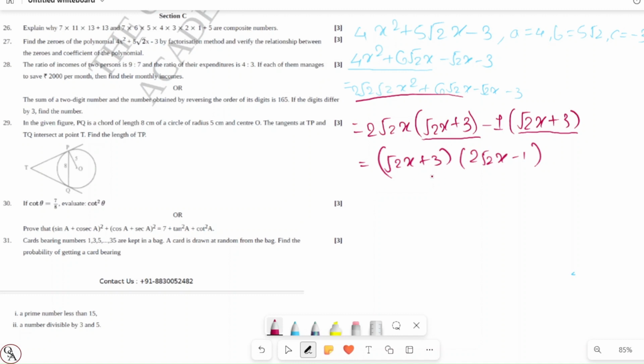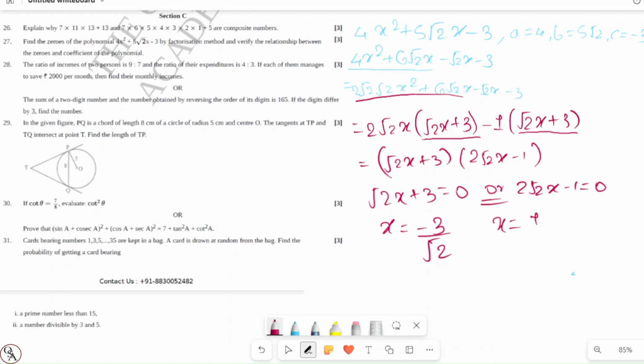So root 2 x plus 3 is equal to 0, or 2 root 2 x minus 1 is equal to 0. So here we get x equal to minus 3 upon root 2, and here x is equal to plus 1 upon 2 root 2. So we got the two zeros.